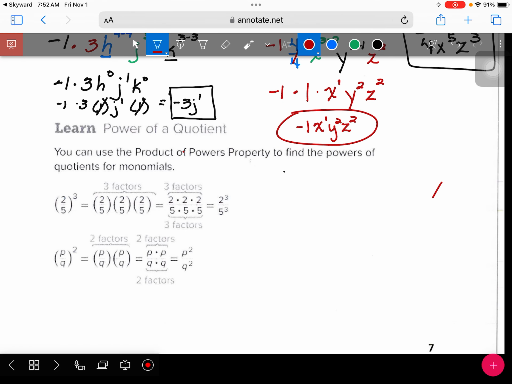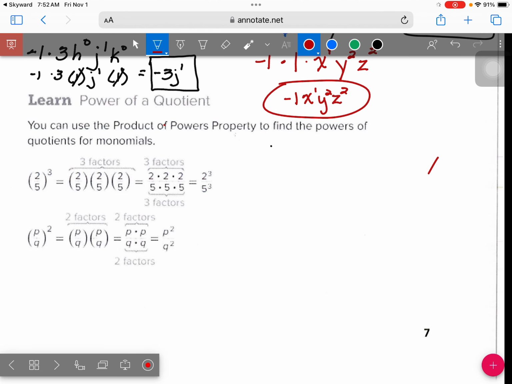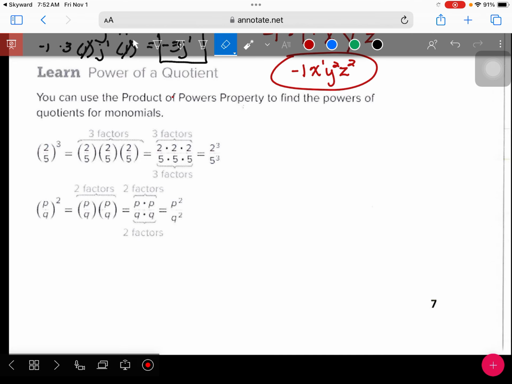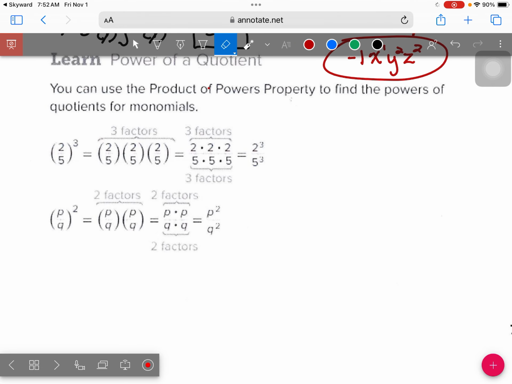All right. One more thing to go over. Power of a quotient. Okay? Power of a quotient. Similar to what we just did. So, a quotient, we're talking about something that looks like a fraction. Like 2/5 to the third power. What does that mean?